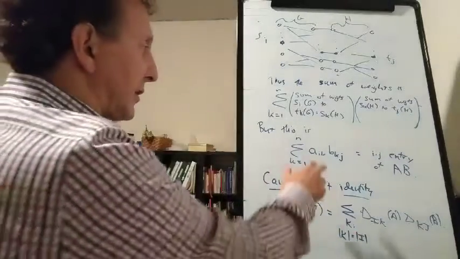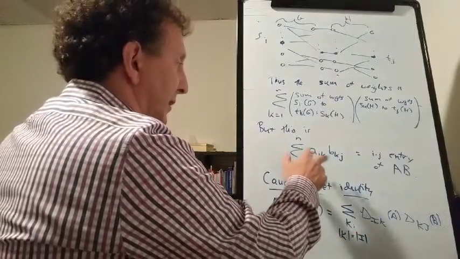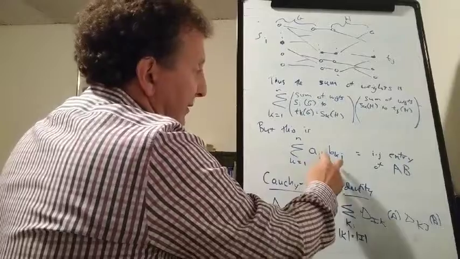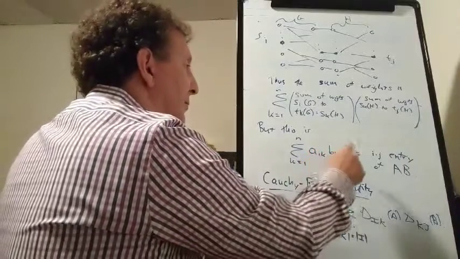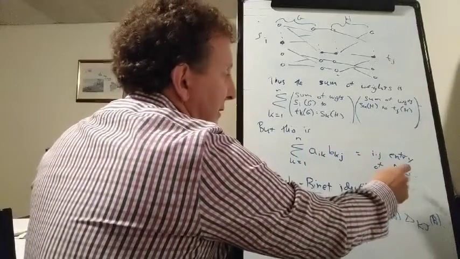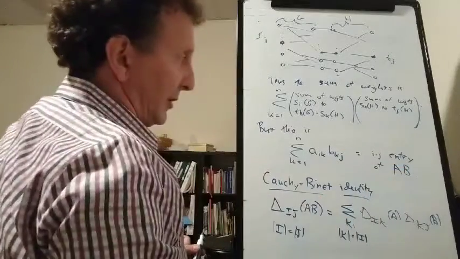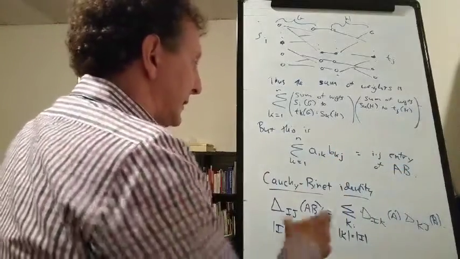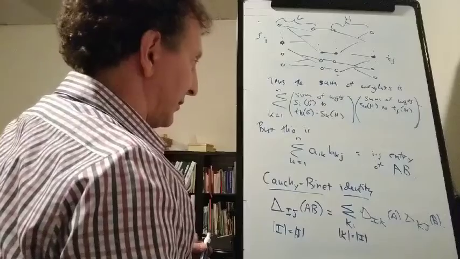So this formula looks a lot like the entry formula. In fact, this is a special case because the ij entry of AB is a 1-by-1 submatrix, so it's a 1-by-1 minor. This generalizes to other sizes of minors.